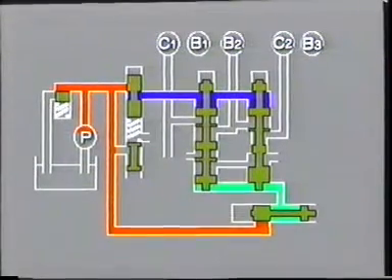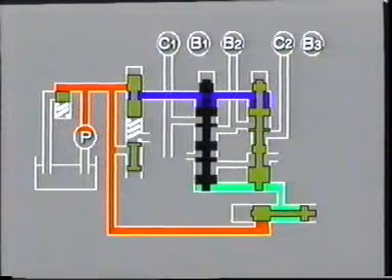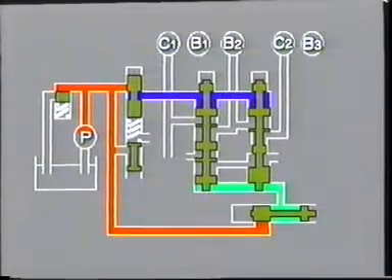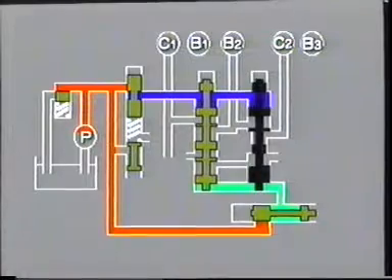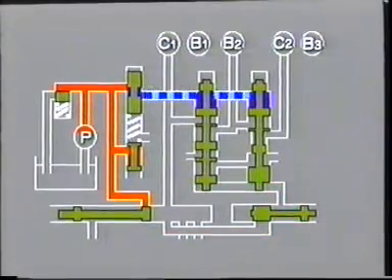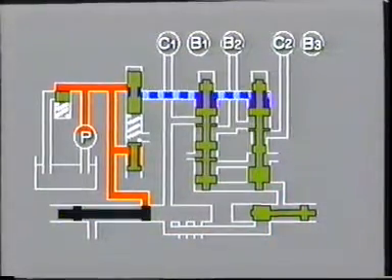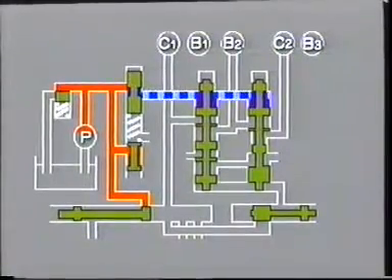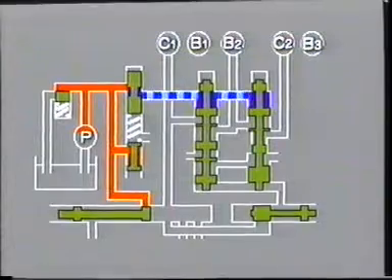As you can see, there are two shift valves, called the 1-2 shift valve and the 2-3 shift valve. The manual valve is linked to the driver's selector lever and determines the transmission speed range, for example, D, 2, reverse, etc.